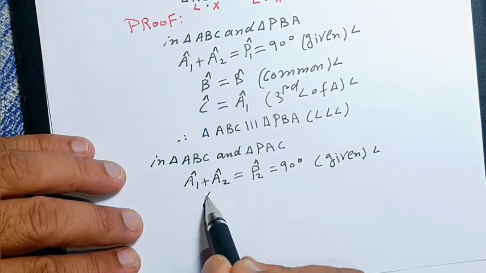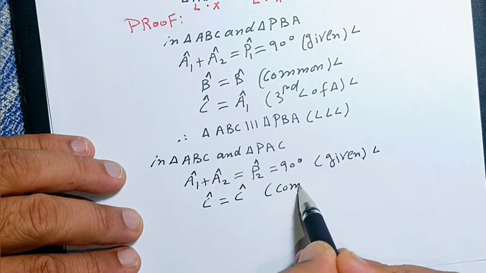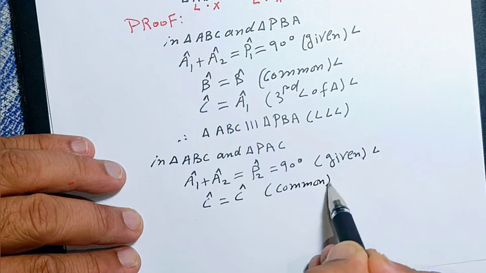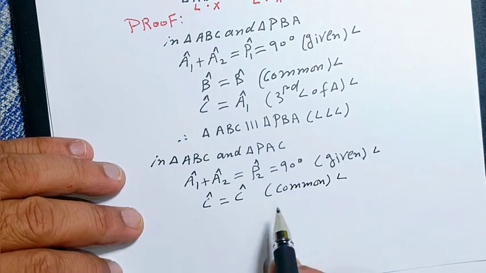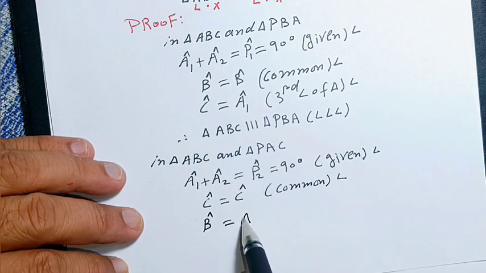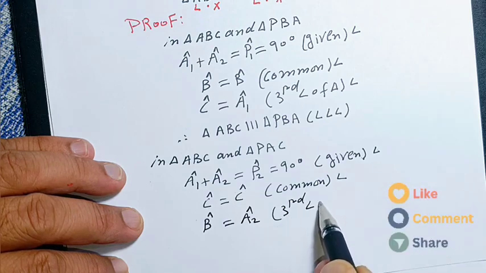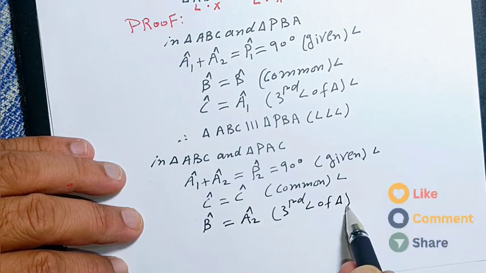So angle C is equal to angle C, common. This is my second angle. The last one is going to be the third angle of the triangle: angle B is equal to angle A2.